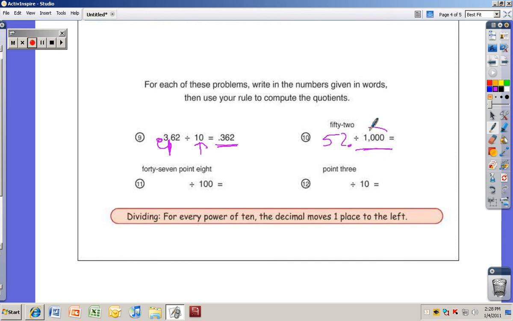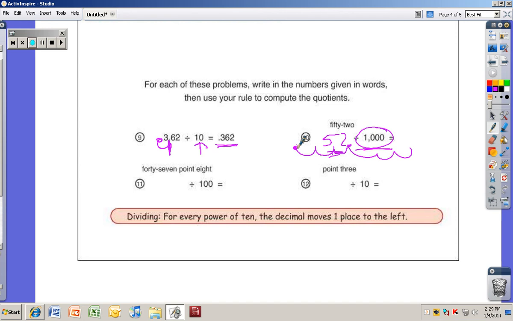Well, if we're going to divide by a number, do I get a smaller or a bigger answer? You want it smaller. If I move the decimal point out this way, is that number going to get smaller? It's going to be like 52,000, right? That's not smaller than 52. So to get a smaller answer, which way do I have to move the decimal point? To the left, right? 1, 2, 3 spots.